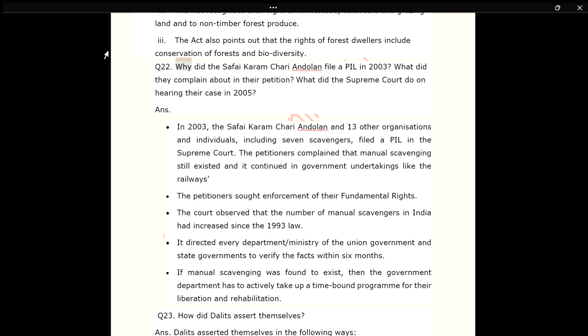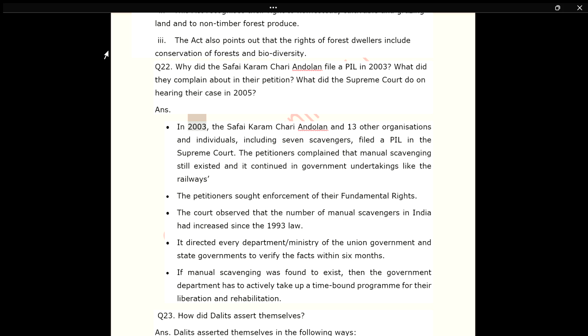Q22. Why did the Safai Karamchari Andolan file a PIL in 2003? What did they complain about in their petition? What did the Supreme Court do on hearing their case in 2005? Ans.